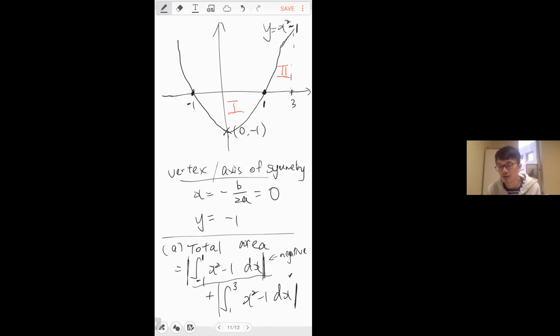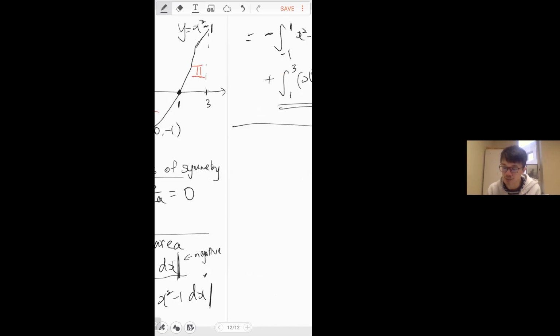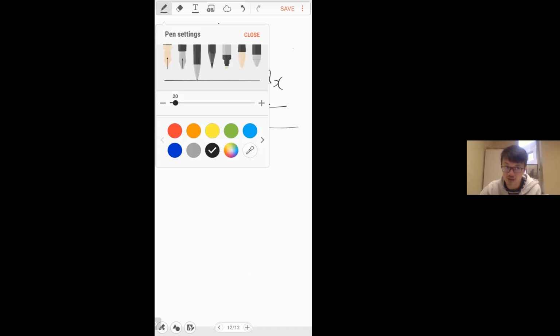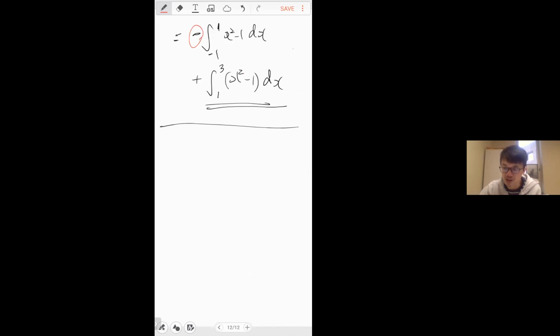It's +5. Another way to say this is you need to put an additional negative sign to your -5. So absolute value of -5 is the same as negative of -5. That's what I'm doing, so I'm putting an extra negative sign in front of the integral. Any other questions?